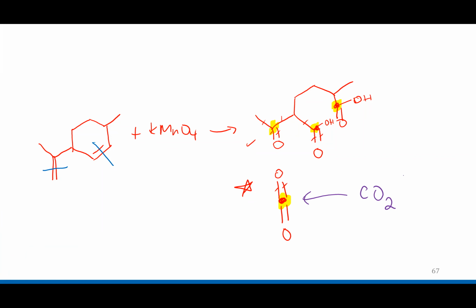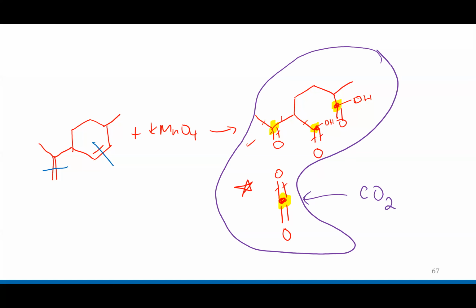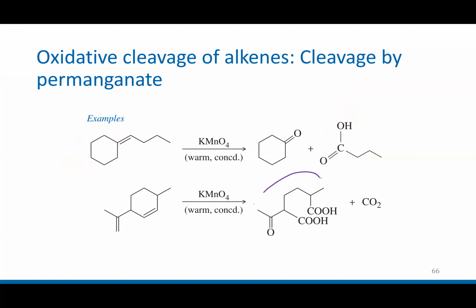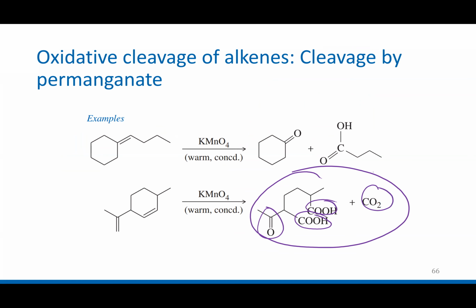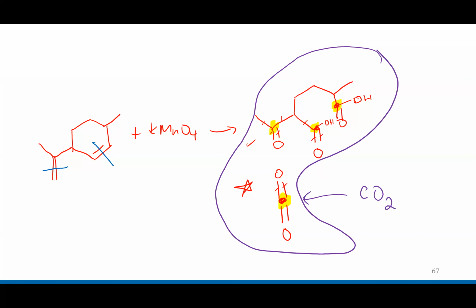So just picture this and come back here. I have the same elements. I have the double bond O, I have COOH, which is a carboxylic acid, and I have CO2. Now, this one, like I said, is quite hard.